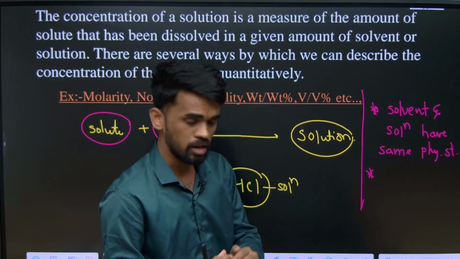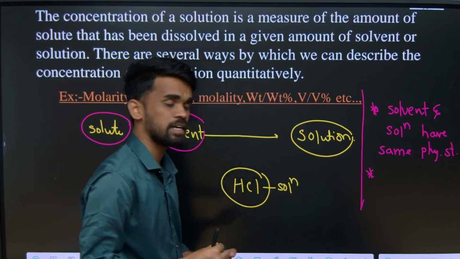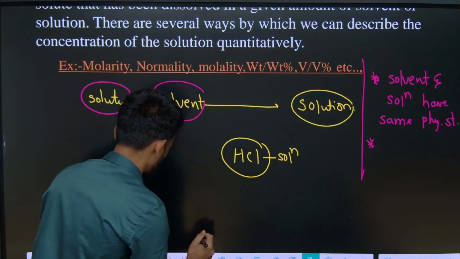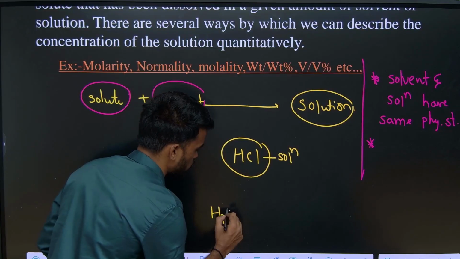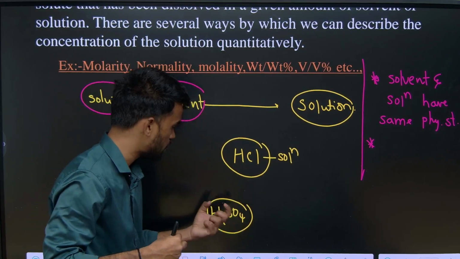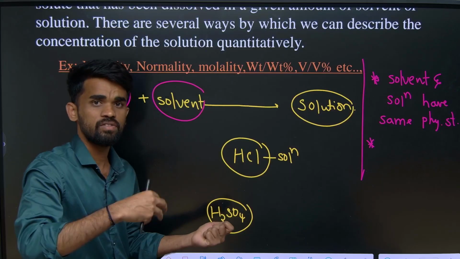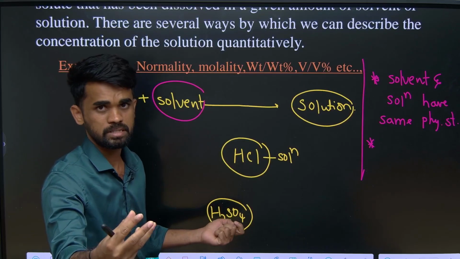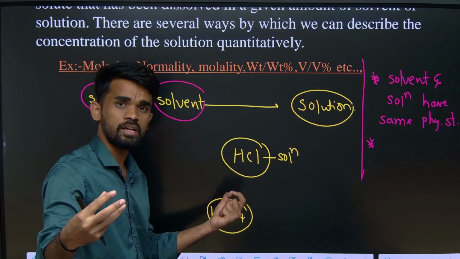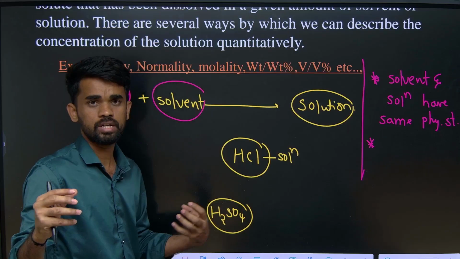Let us talk about the liquid state of an acid, like sulfuric acid, any acid you can consider. Depending upon the strength of these acids, we use them for specific purposes. For a particular purpose we may use some amount of concentrated solution or dilute solution.